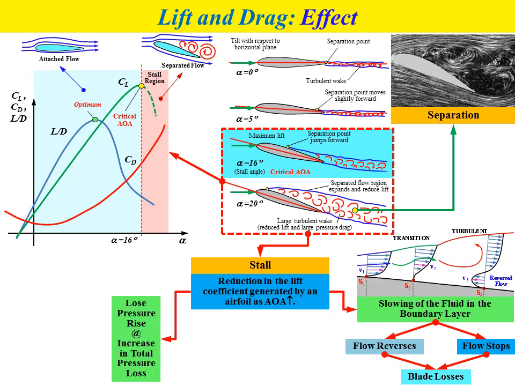The second effect of the stall phenomena is called loss of pressure rise and/or an increase in total pressure loss. So we need to differentiate between the pressure loss and the pressure rise. I already mentioned the difference between these two types of pressure.